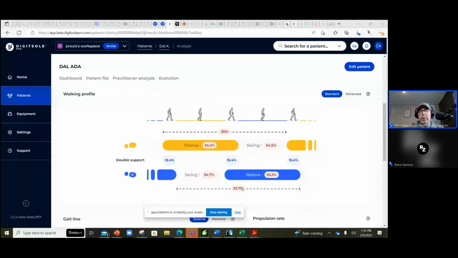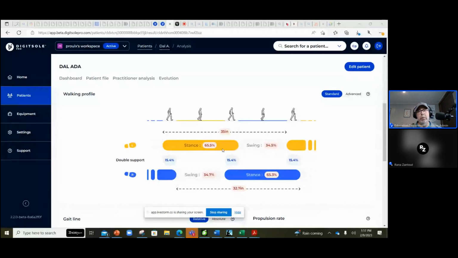The typical breakdown or average percentages that you'll see is 60-40: 60% in the stance phase, 40% in the swing phase, with a standard deviation of 5% in either direction. In other words, 65 and 35 or 55 and 45, you may see something like that, especially as they start to walk faster or slower. In this case, he walks slower, so we're going to see a little bit more time in that stance phase.